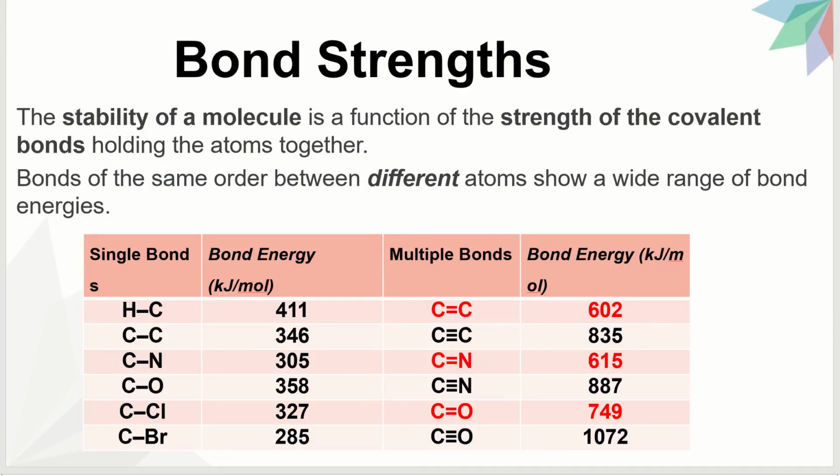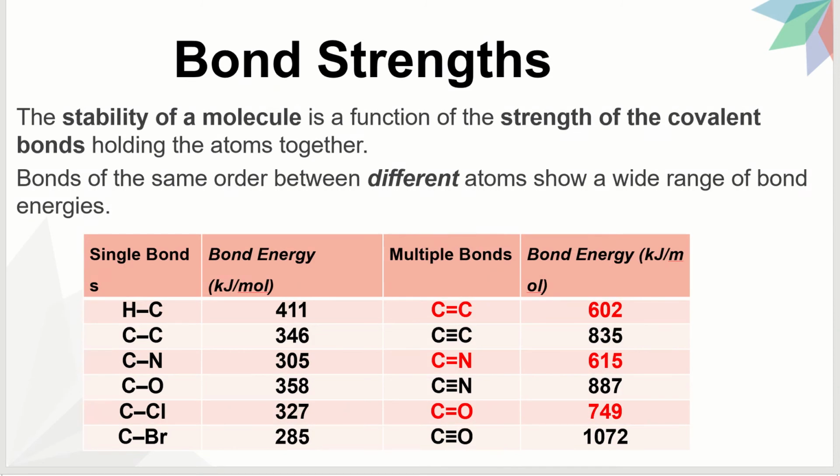So that leads us now to bond strengths. The stability of a molecule is a function of the strength of the covalent bonds holding the atoms together. The bonds of the same order between different atoms show a wide range of bonding energies.